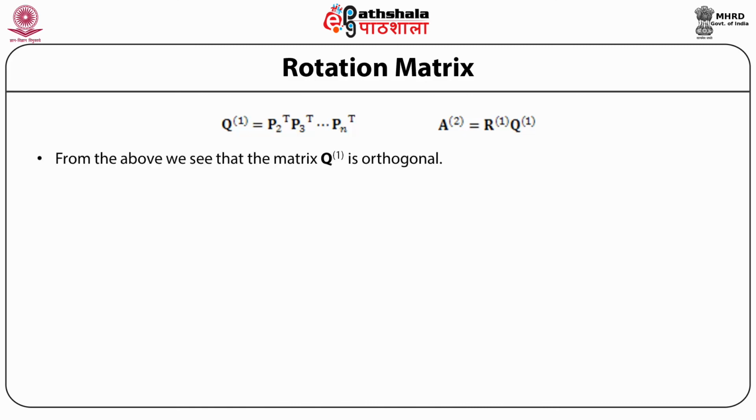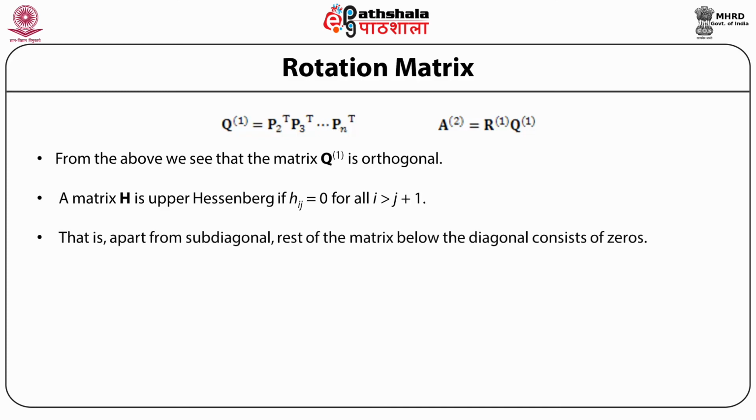So from the above we have seen that matrix Q^(1) is orthogonal. In addition, it is an upper Hessenberg matrix. A matrix H is an upper Hessenberg if Hij equals 0 for all i greater than j plus 1. That is, apart from the subdiagonal, the rest of the entries below the diagonal are zeros.